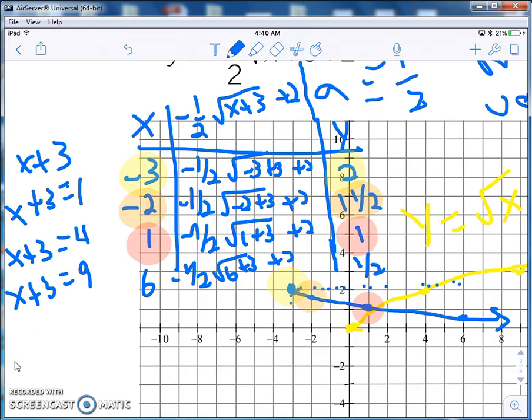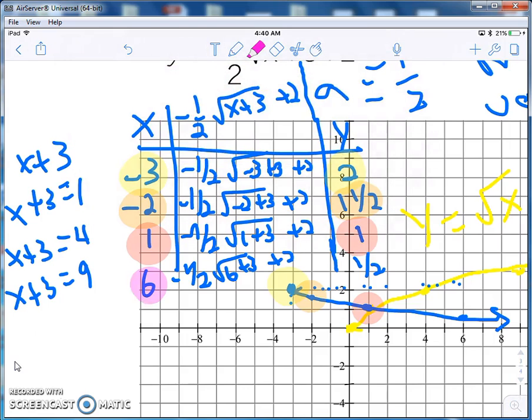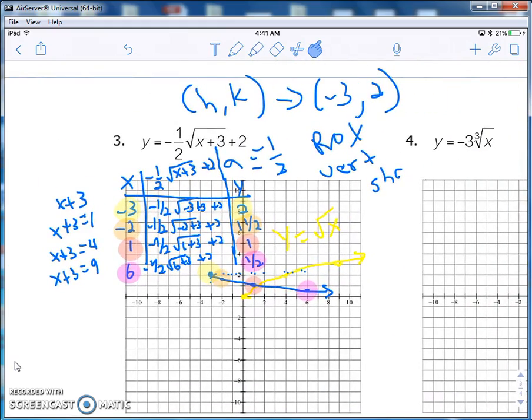And the result here is a half. And this big mess right here gives me that point there. So our table kind of confirms that we graphed it correctly. You do not have to make a table. It's just there to help you. Running out of time, so I have to go through this pretty quick.